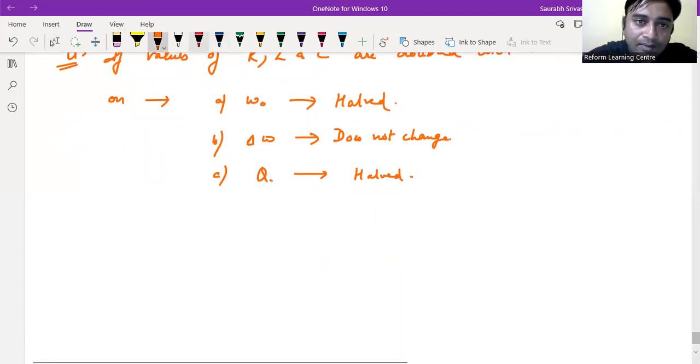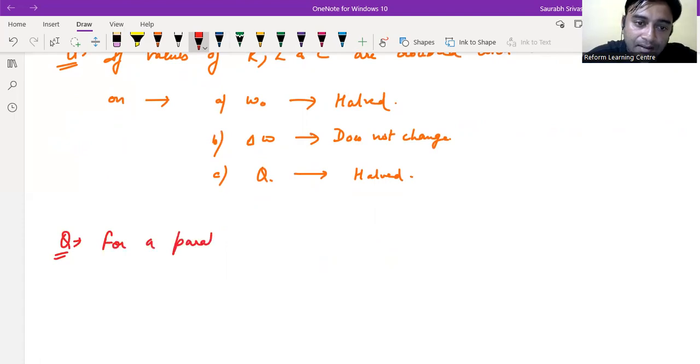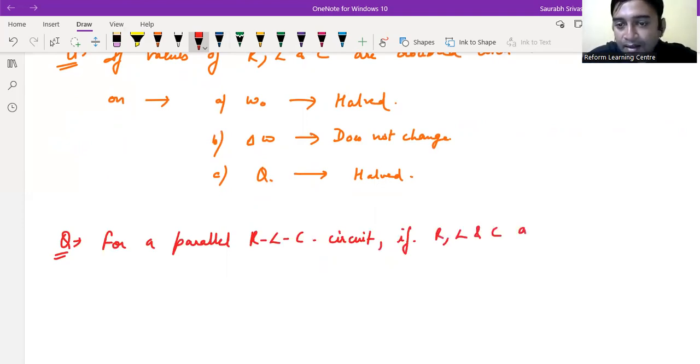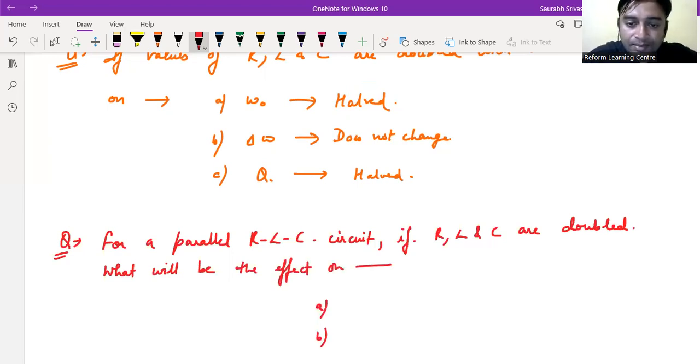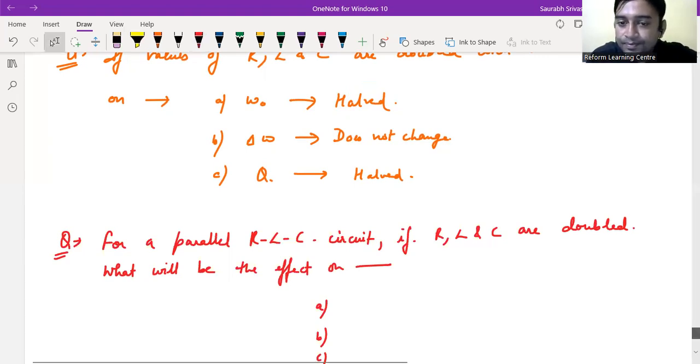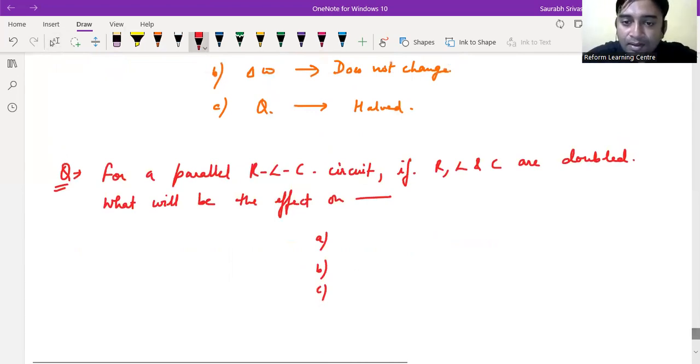Now again, if this question is modified and it is mentioned for a parallel RLC circuit, if R, L, and C are doubled, what will be the effect on omega naught, delta omega, and Q? क्या effect आएगा इन पे?